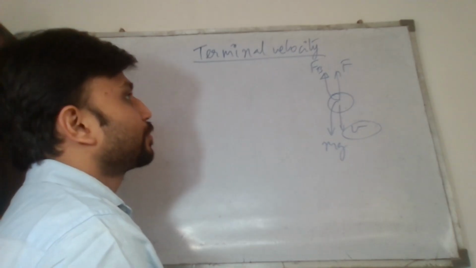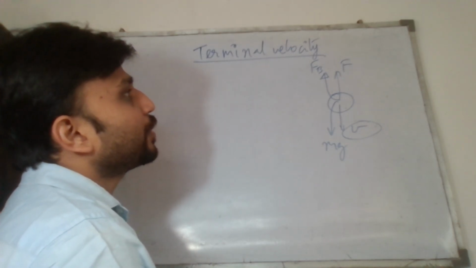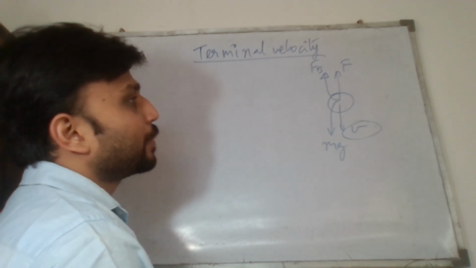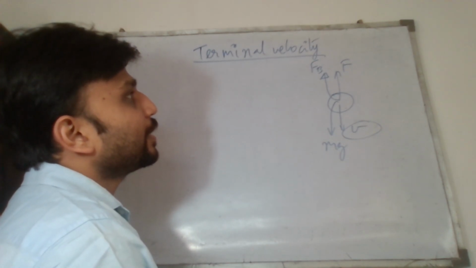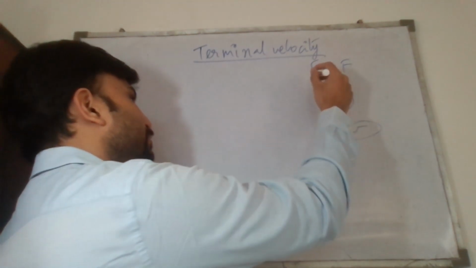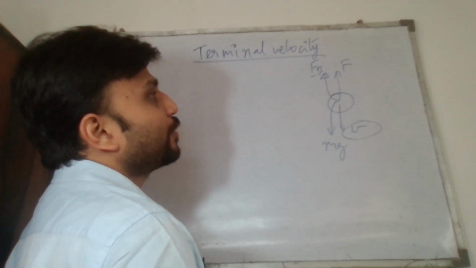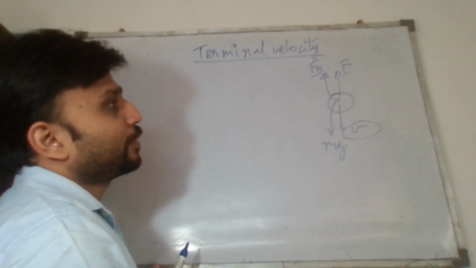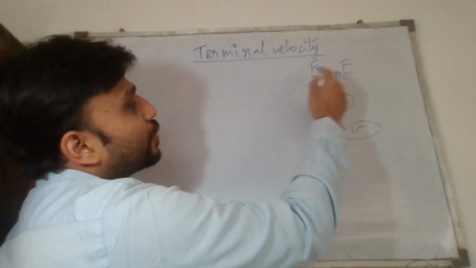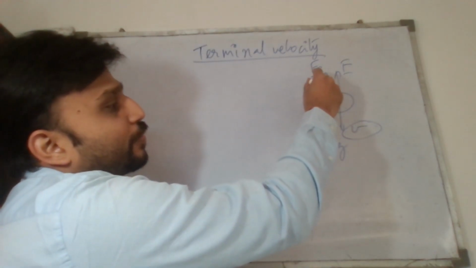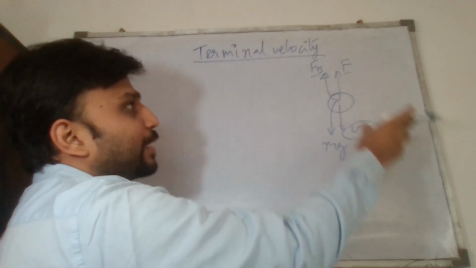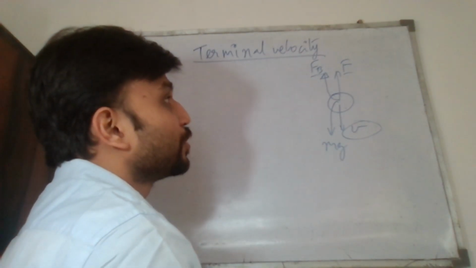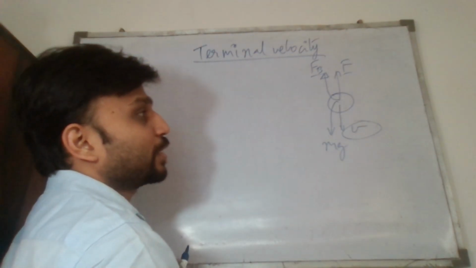We want that whatever force we are applying is able to supply this buoyant force and is also able to balance this force F, right? Because this viscous force and the gravity or the buoyant force, they are acting in the same direction. So we'll have to balance both these forces.